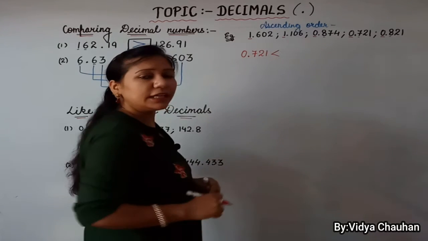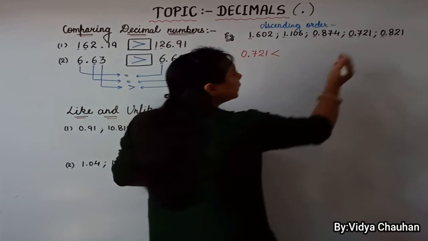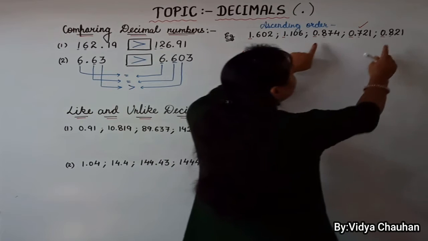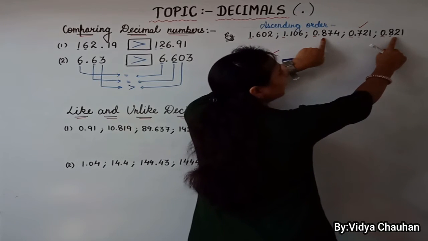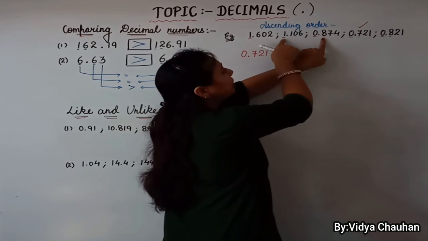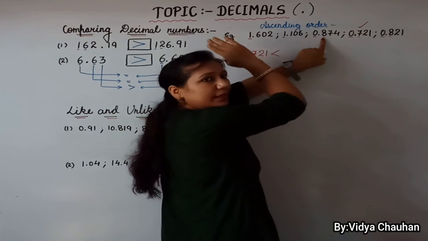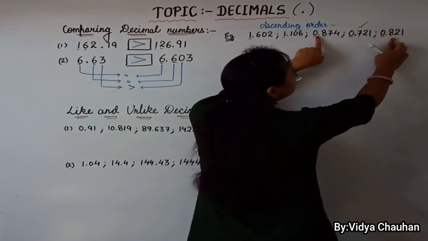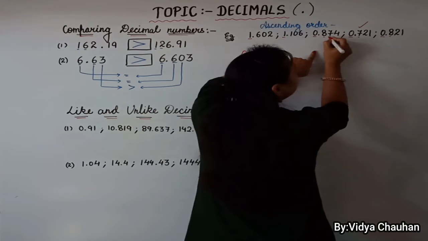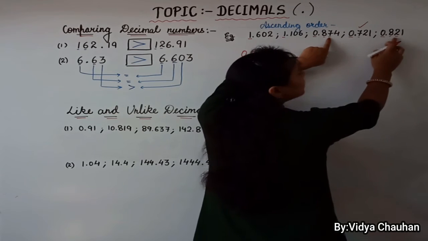Next, I will put the sign of greater than here. So we are done with this number, so I put a tick here. Now, the next bigger value will be between these two, because these two are having the integral part as 1, so we will discuss it later on. Now between 0.874 and 0.824, if I compare the next digit, 7 is greater than 2.